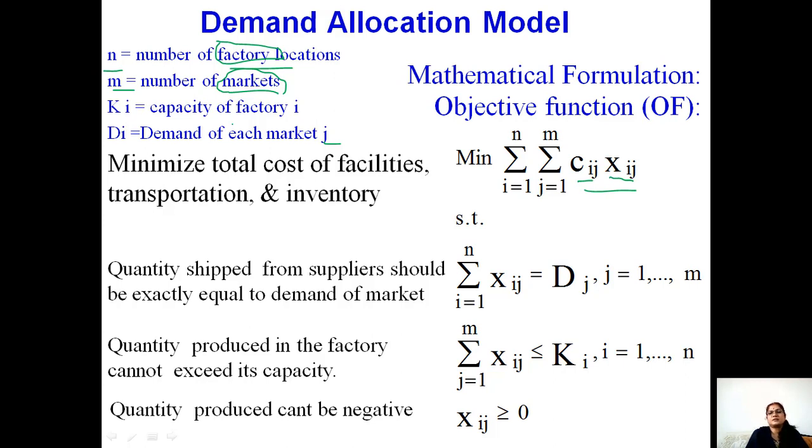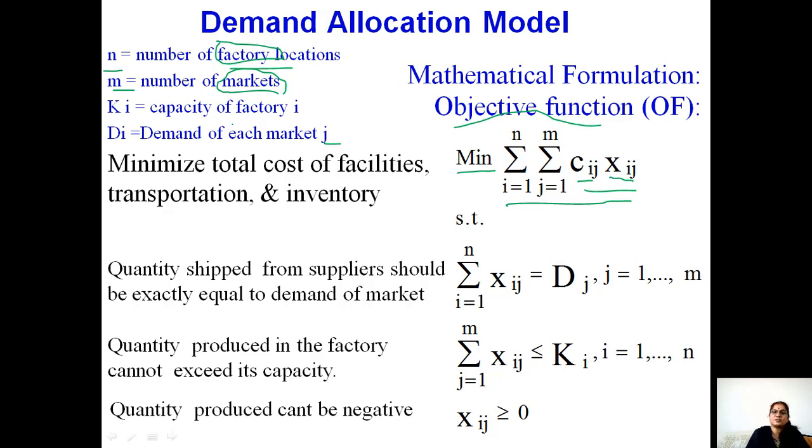So this entire thing covers, from all the plants to all the markets, the entire quantity to be shipped, how much to be produced and shipped, and the total cost incurred. The ultimate objective is to minimize this, because any cost we want to minimize, so min is written, min stands for minimize. This is called the objective function.